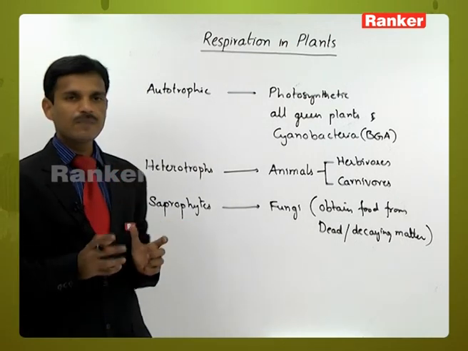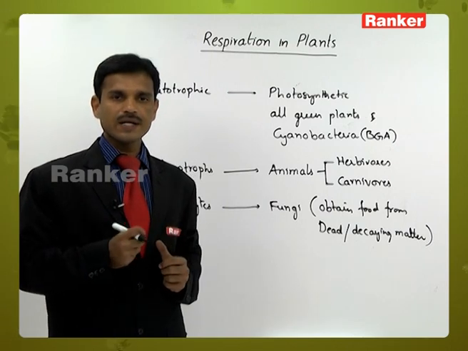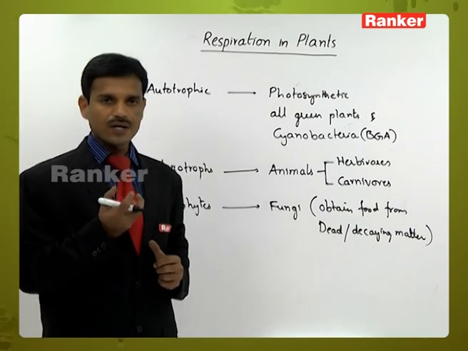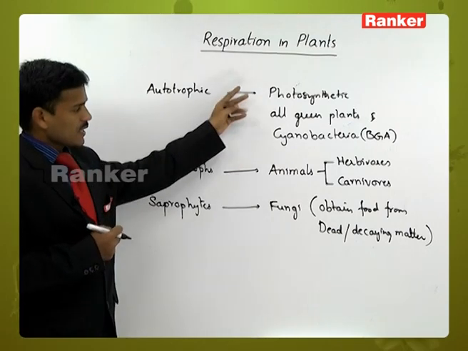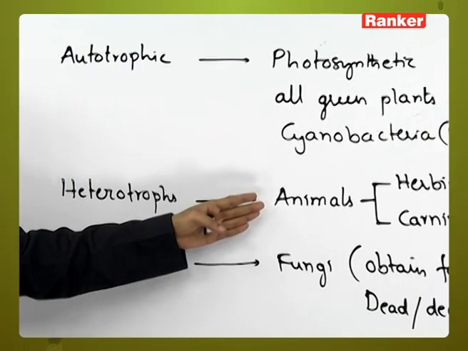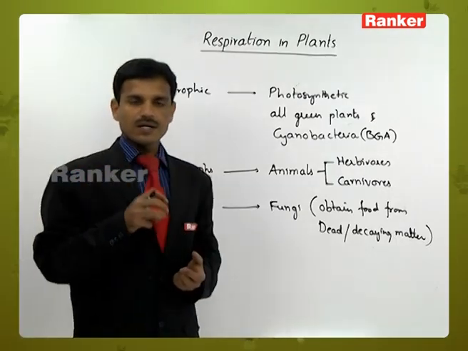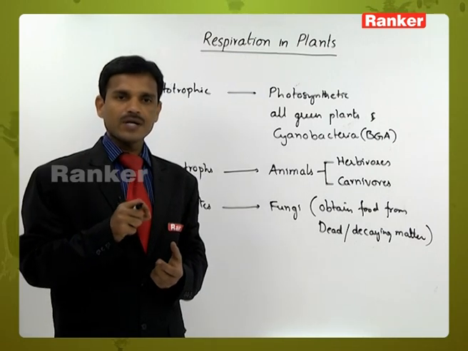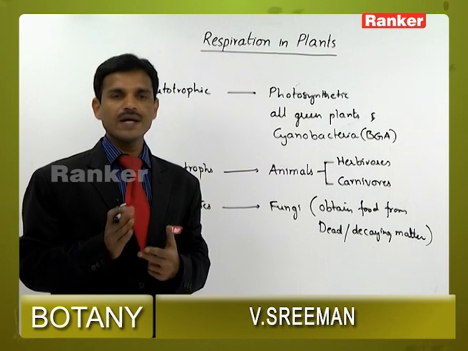So these are different types of organisms. From these food materials they are obtaining energy. All these organisms are synthesizing or getting food material from different sources, and food material is important for energy. So what is the link between food and energy?